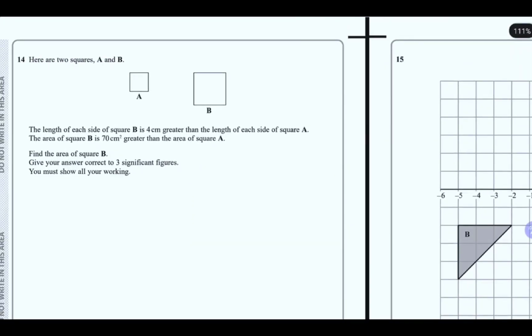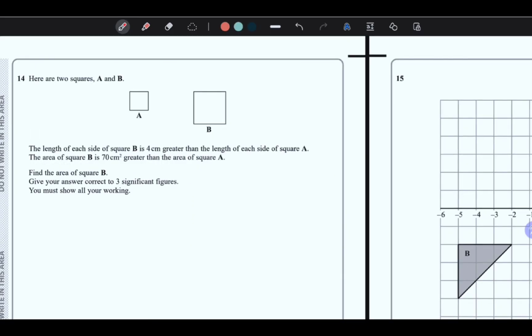Okay, let's get started. So we're going to call the sides of A small a and the sides of B small b. Yeah, simple. So if the length of each side of B is 4 centimeters greater, it means b will be equal to a plus 4.